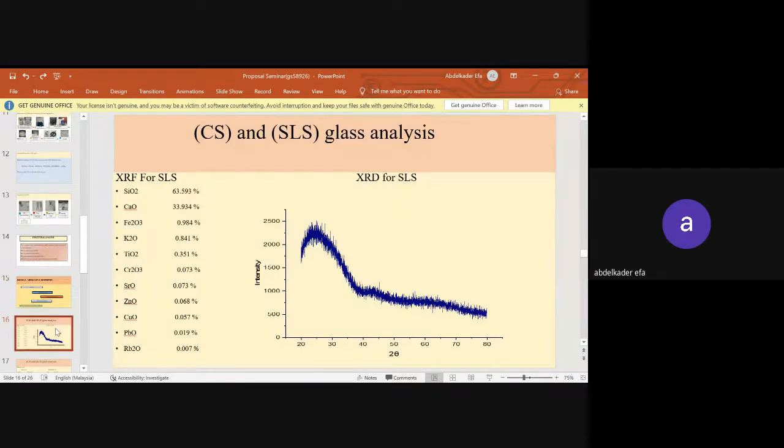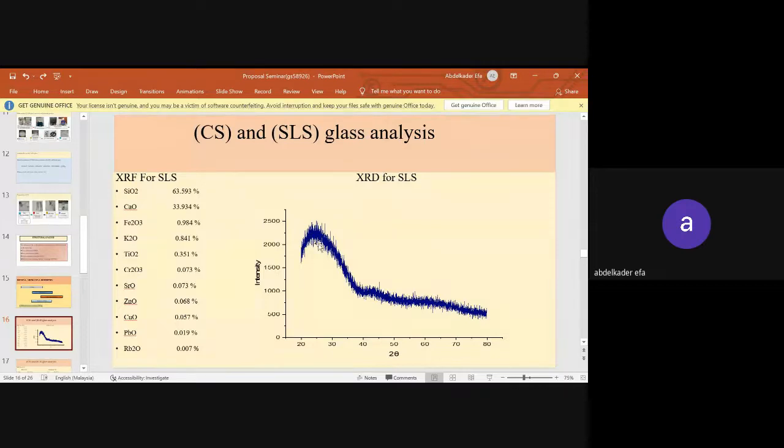Result and discussion. First, the result of XRF for SLS. For the element composition of SLS glass, silicon oxide is the dominant element, around 63 weight percent, followed by calcium, sodium, and calcium.